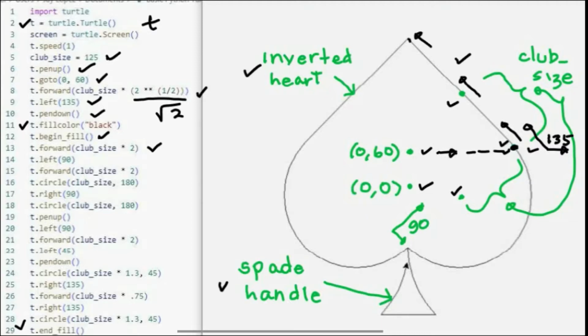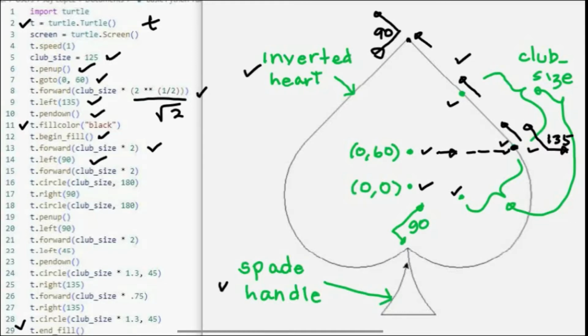And then at this point here, the direction of the turtle is like this, but I want to draw the second straight line, which is directed like this. So I have to turn the turtle 90 degrees, and that is in command number 14.